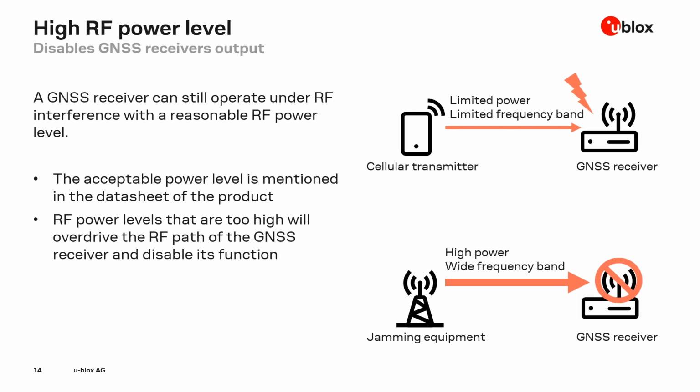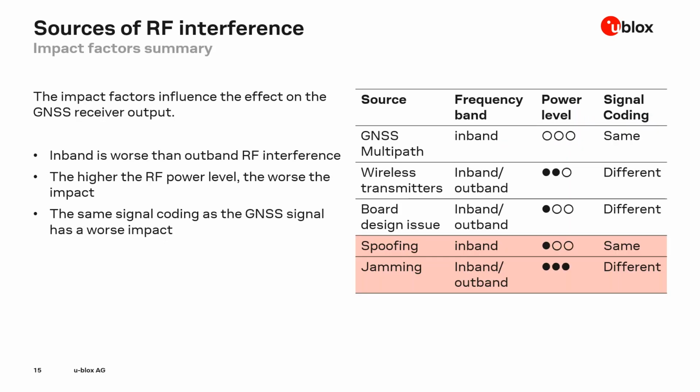Okay, in the next slide I summarized these impact factors. You see a table on the right, and I listed all the different sources and put information there about the frequency band, the power level, and the signal coding, and what you can expect for different cases. I think quite a lot of people face trouble with wireless transmitters and maybe board design issues.